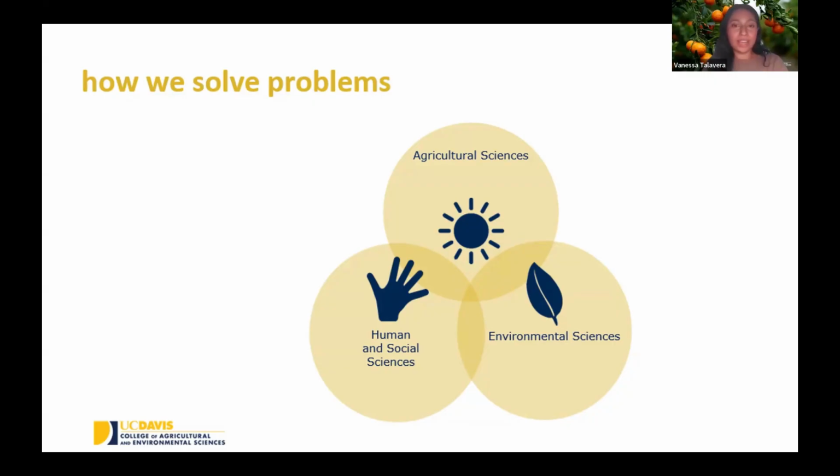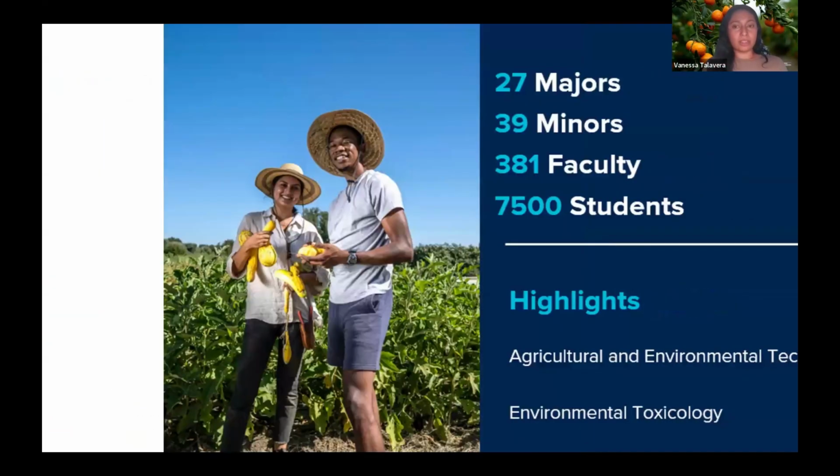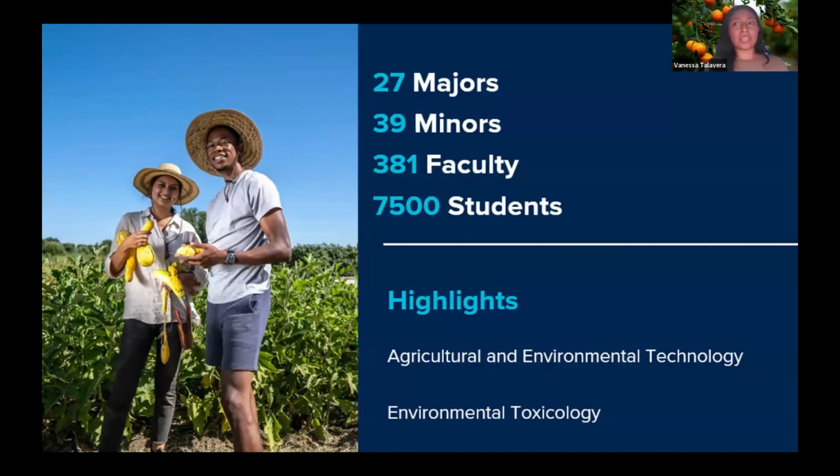Agricultural sciences and environmental sciences are in the name and are the most popular. But one that's little known is human and social sciences, which encompassed my major, human development. If we go to the next slide, all of the different majors within the college are ways that we can solve real world problems.